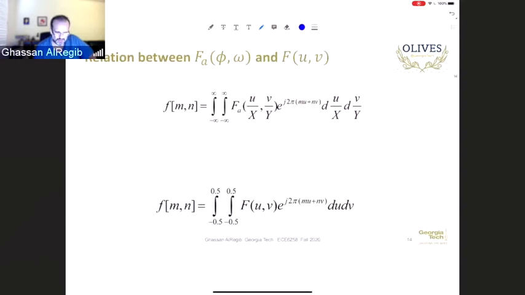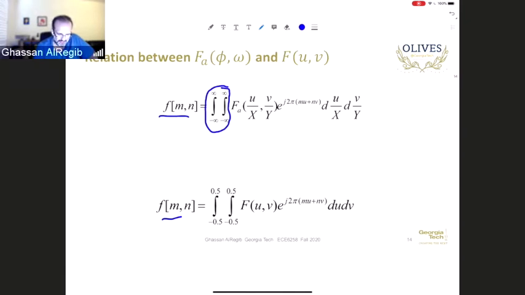And now, if you look carefully, comparing these two equations, as I mentioned, the left-hand sides are equal. That means the right-hand sides also must be equal. There are a few things that we need to look at. The first thing is the limits on the integrals.